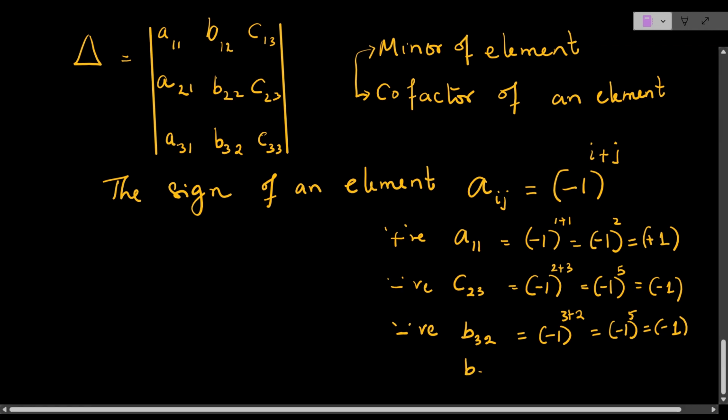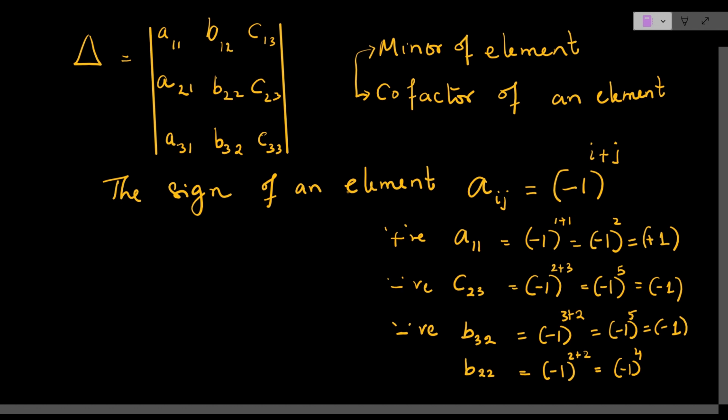Let us take B22. So (-1) to the power 2 plus 2. How much, students? (-1) to the power 4. A negative integer to an even power gives a positive result. So the sign of the element B22 will be positive.